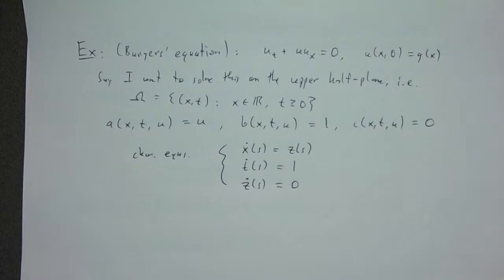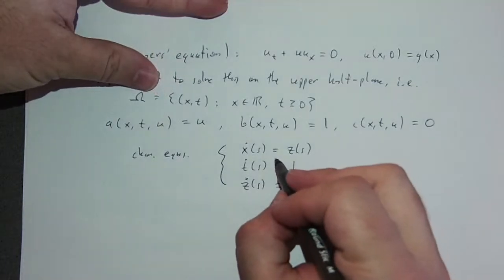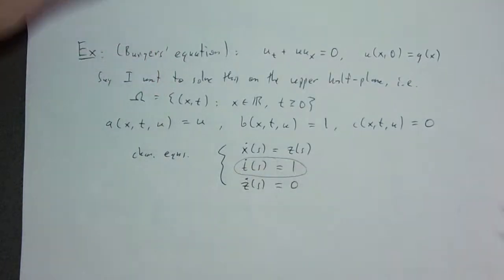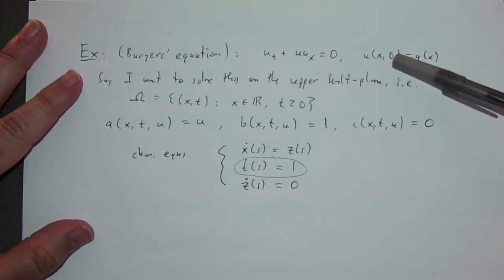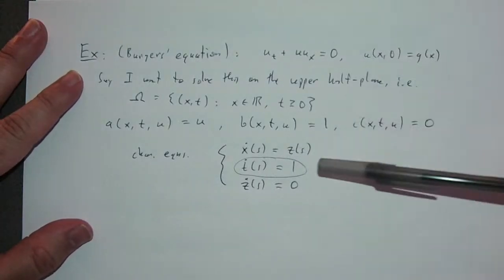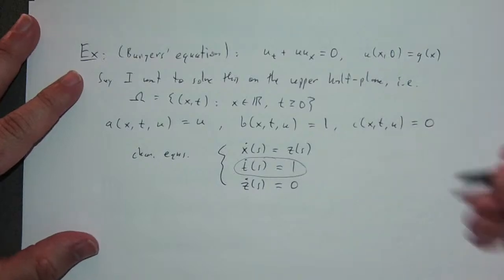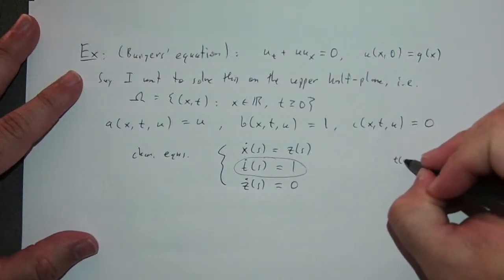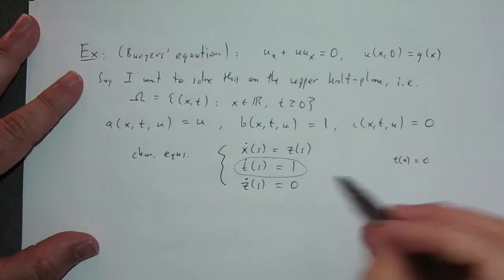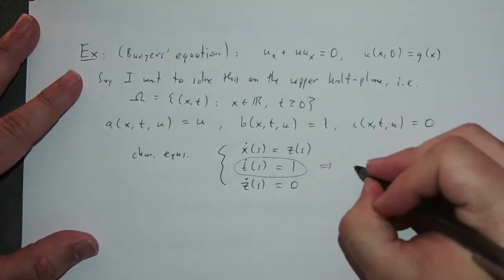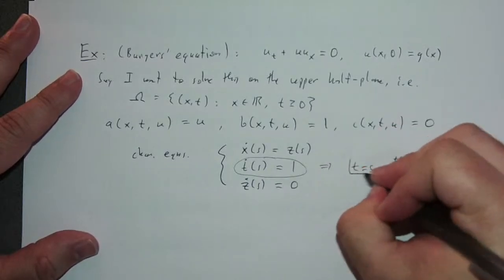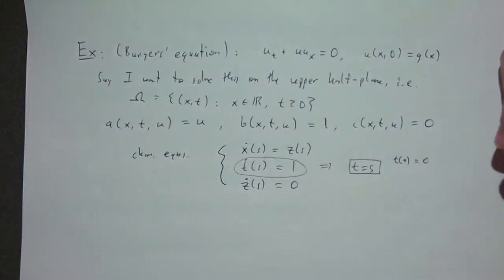So these are three equations that are pretty easy to solve. Together with the initial condition that we want t to be 0 at s equals 0, so t of 0 is 0, this implies that s can be taken to be equal to t here.